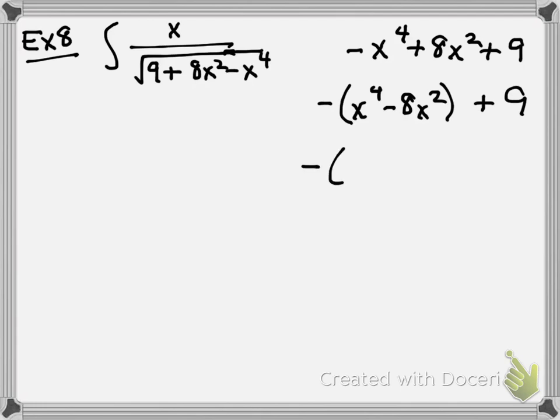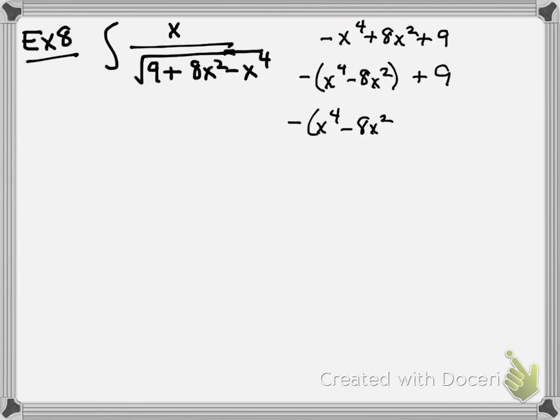So half of 8. Half of 8 is 4, and 4 squared is 16. So if I want to complete the square, I need to add a 16 to this problem and subtract. Let me move this over just a little bit so I have more room.